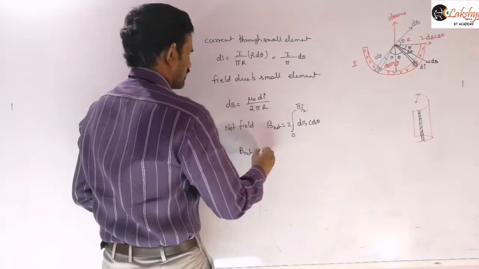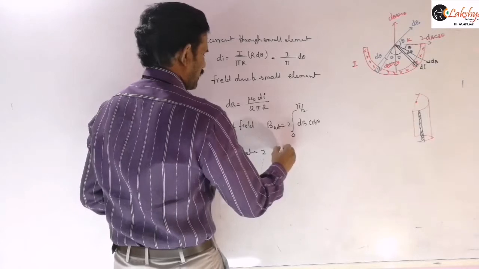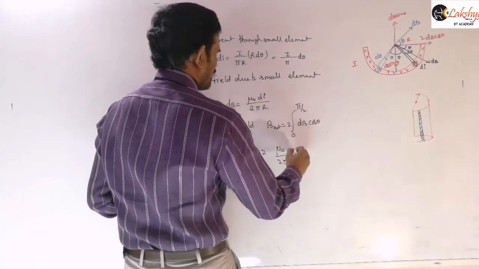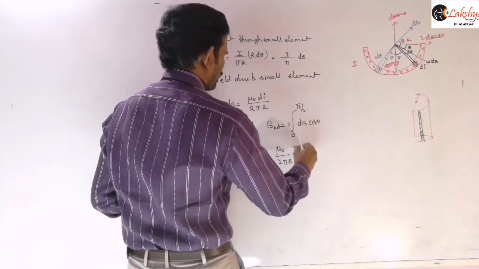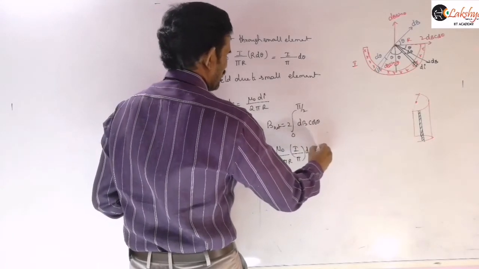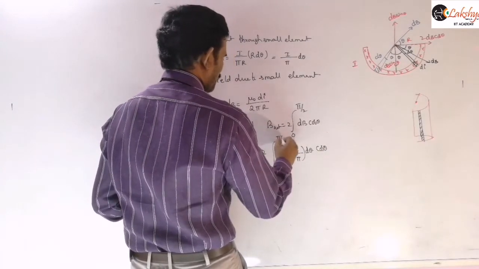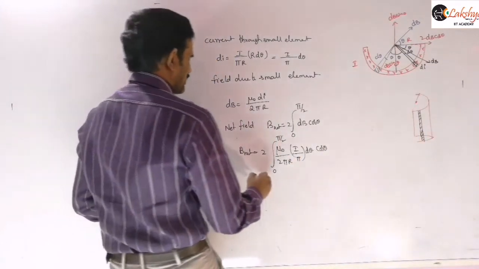So therefore it is 2 into mu naught by 2 pi r into, that I value is nothing but capital I by pi into d theta into cos theta here, and limits are from 0 to pi by 2. So just let us simplify this.